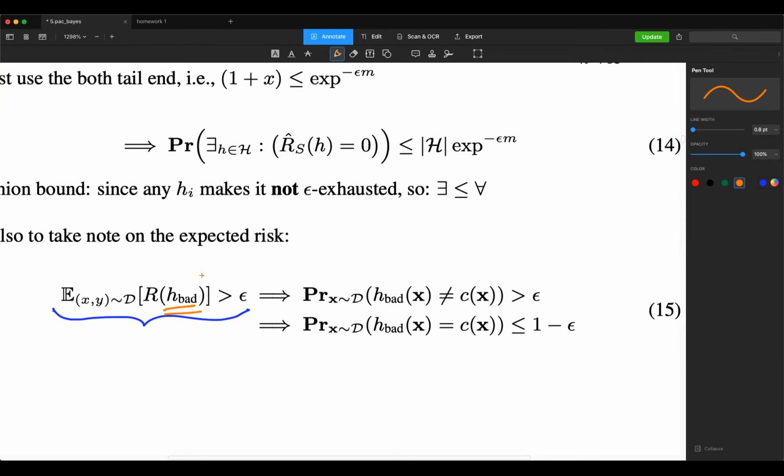So the probability of correct classification is going to be less than 1 minus epsilon. The expected risk being greater than epsilon implies that the correct classification is at most 1 minus epsilon.